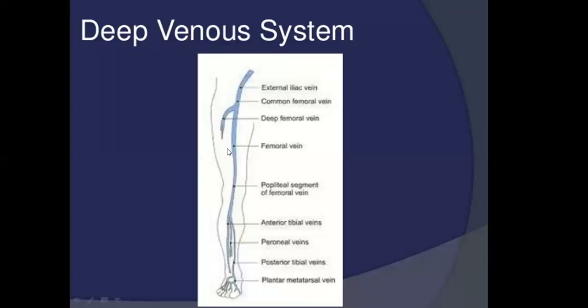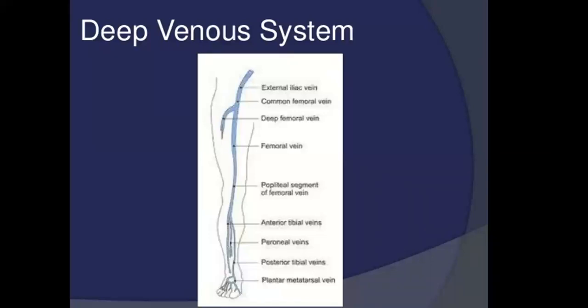So the femoral vein lies in the femoral sheath on the medial aspect of the femoral artery and nerve, whereas it is lateral to the deep lymphatics of the femoral sheath.